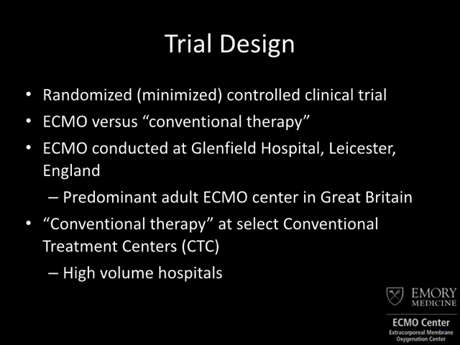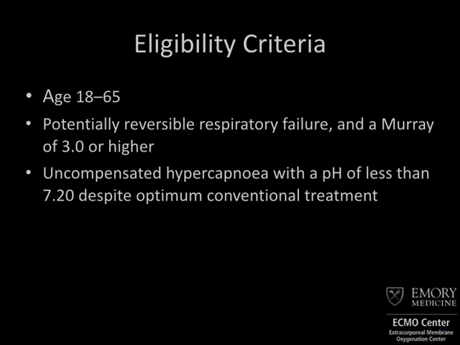And they went to a single ECMO center, Glenfield Hospital in Leicestershire, England, with a group of people that really do a lot of ECMO. Or they stayed at what would otherwise be large treatment centers. There were 96 centers that they could potentially stay at. They were very large hospitals, however, 500 beds or so.